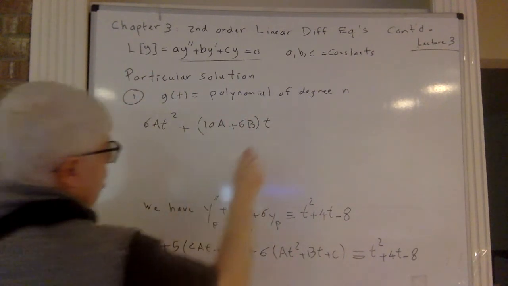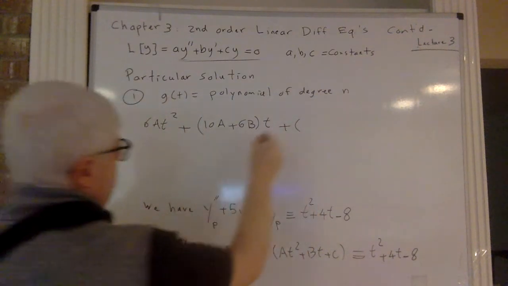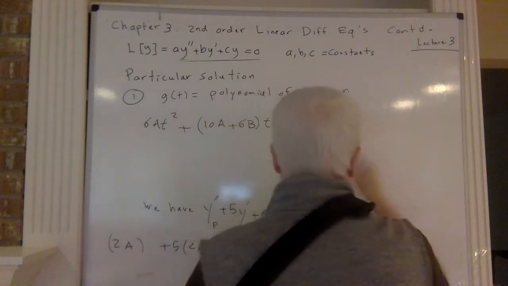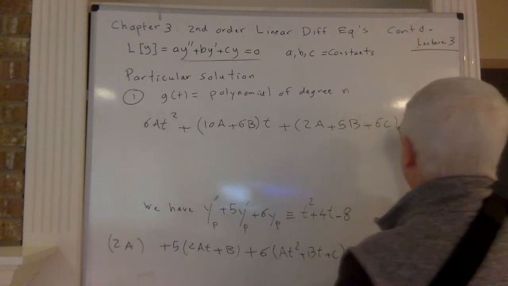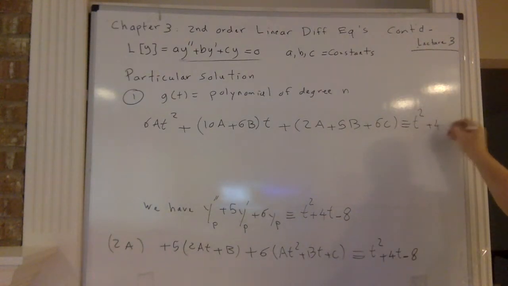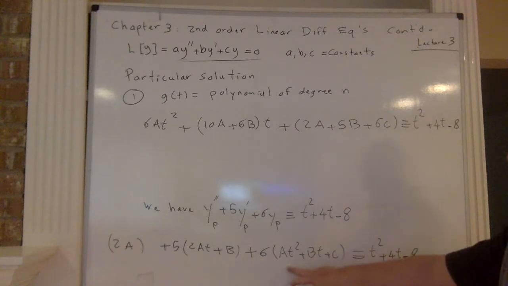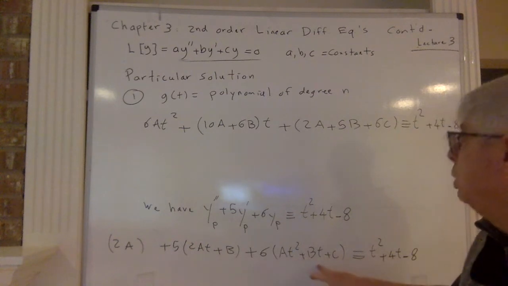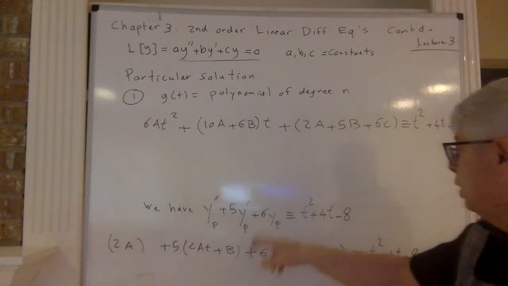And constants, I have a constant here, 2a, and a constant here, 5b, plus 6c. And this should be the same as t squared plus 4t minus 8. Okay? Let me double check. 6at squared I have here, 10at and 6b here, 2a, 5b, 6c.